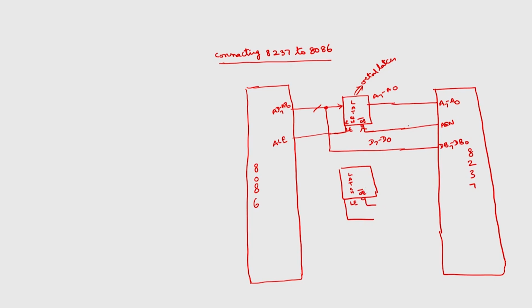So this will be address latch enable, but this will be connected through a NOT gate. If this is enabled, this will be disabled, because AEN signal is connected through NOT gate, and this LE, latch enable signal, will be generated by address strobe.